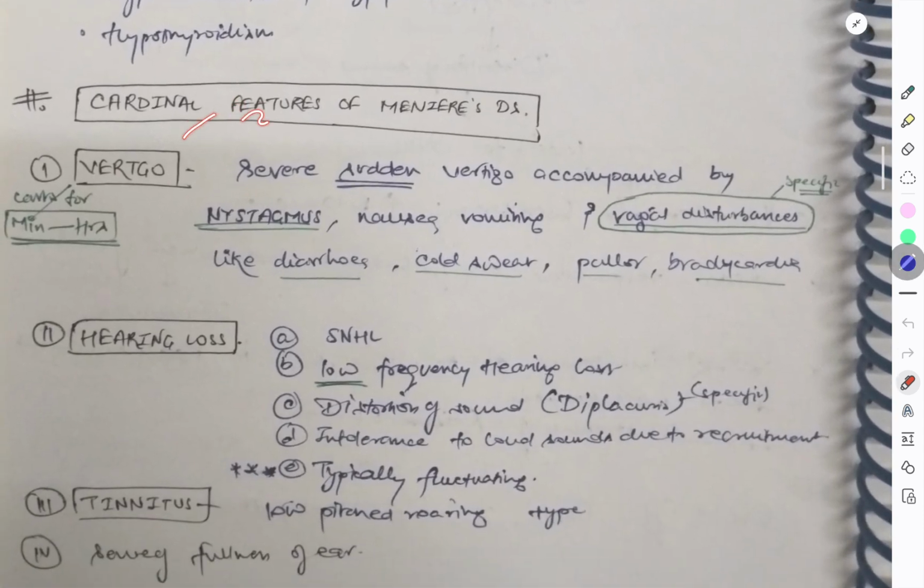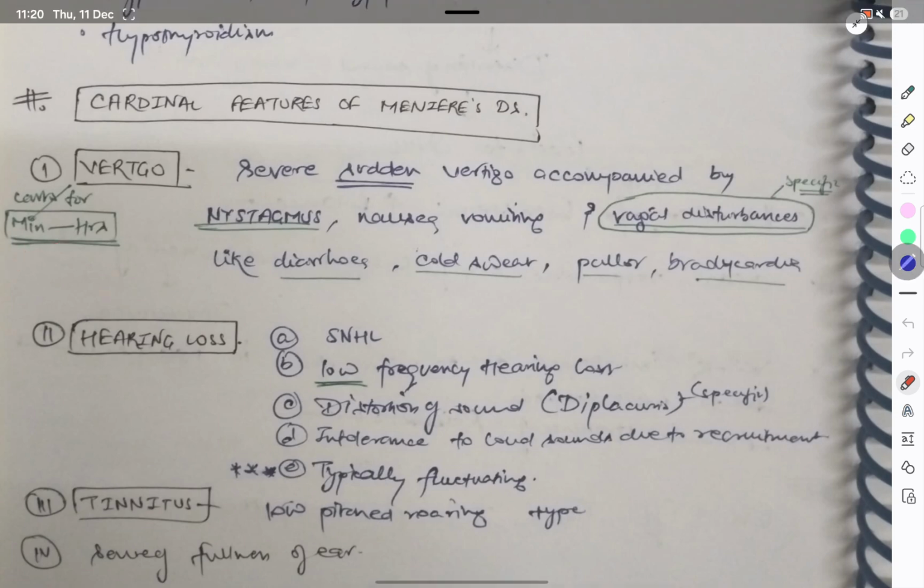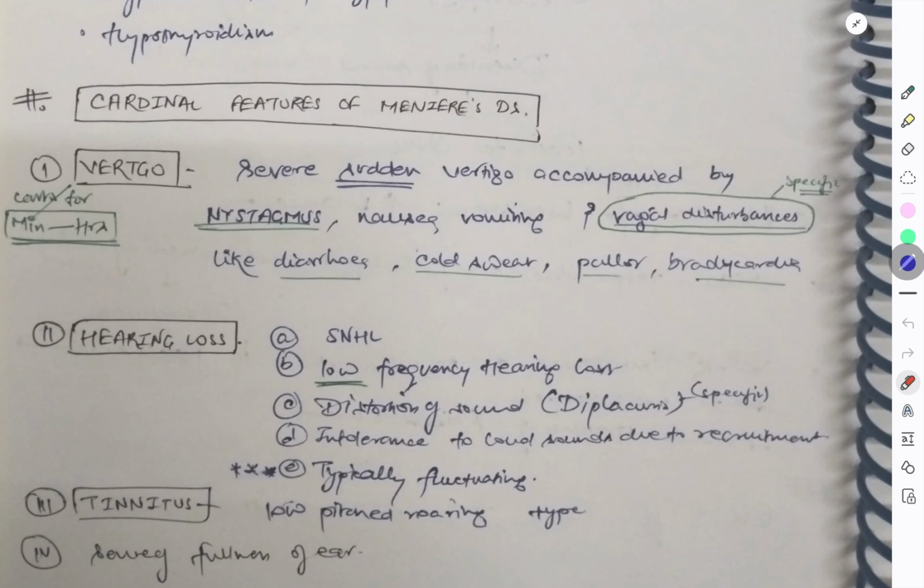Coming to the cardinal features of Meniere's disease, we have already learned VST: vertigo, sensory neural hearing loss, tinnitus, and aural fullness. Now let's know about vertigo. What kind of vertigo is there? Timing of vertigo is very important. Here it will last for minutes to hours.